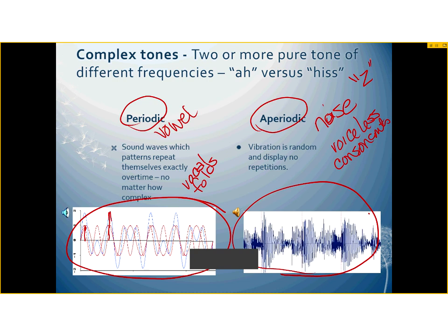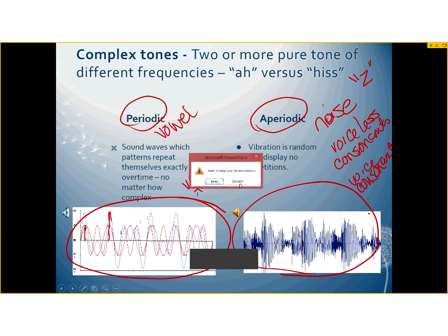But you also are hearing noise being produced by obstructing the airflow by closing your teeth. And so those are called voiced consonants. So we're using our vocal folds to vibrate, but we're also producing an aperiodic sound.